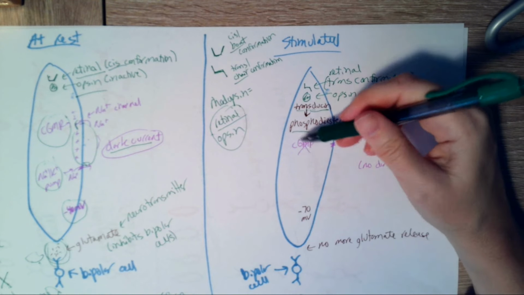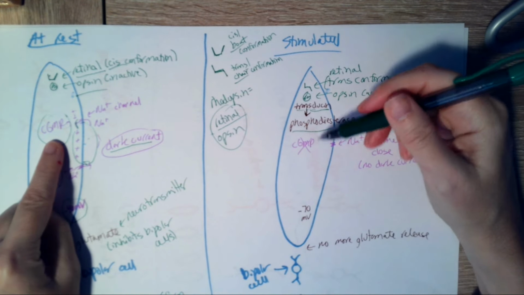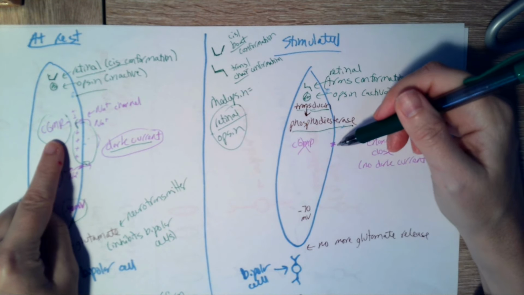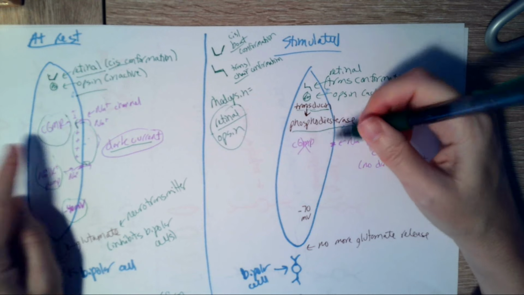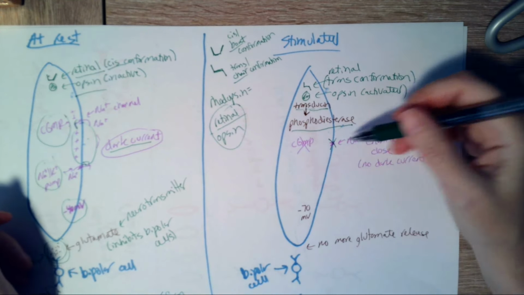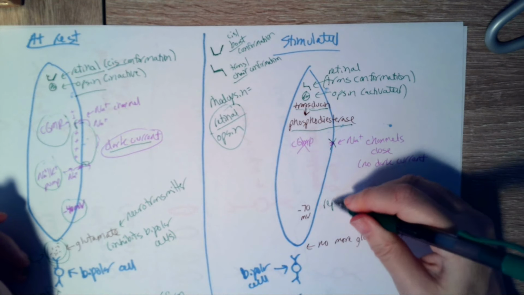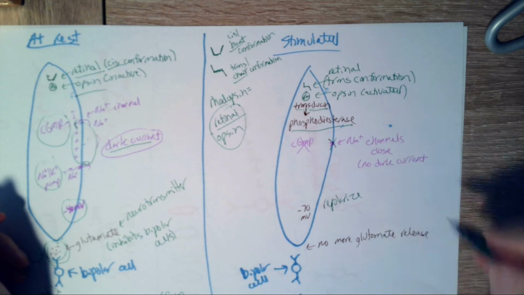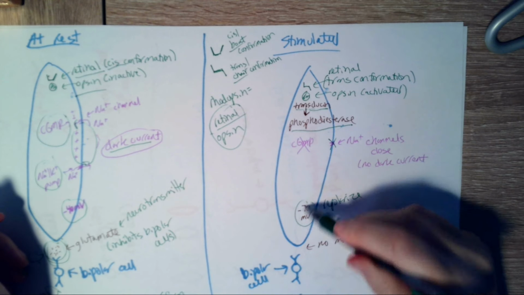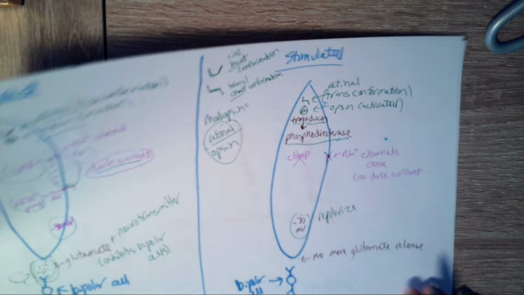We know that it breaks down cGMP. So what cGMP was doing back here, it was holding open sodium channels. So when we break down cGMP, we close our sodium channels, no more sodium coming in, no more dark current. So we can repolarize the photoreceptor, and we'll repolarize to about negative 70 millivolts.